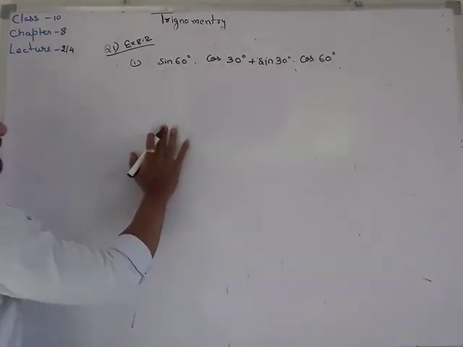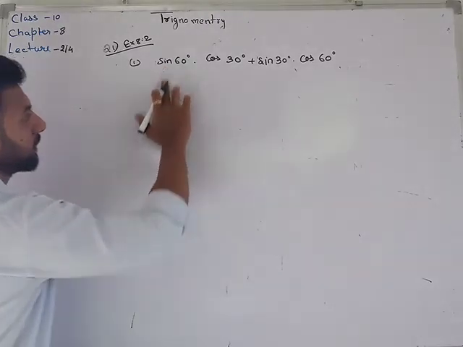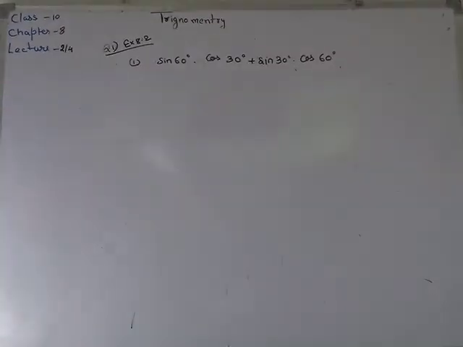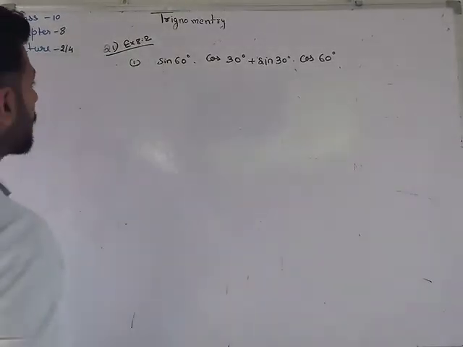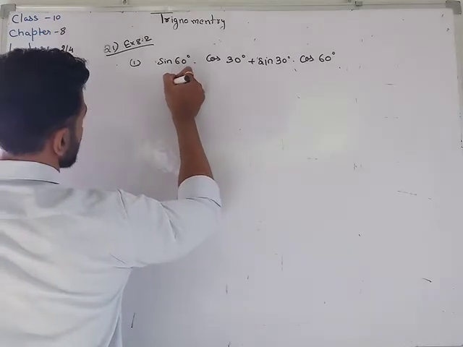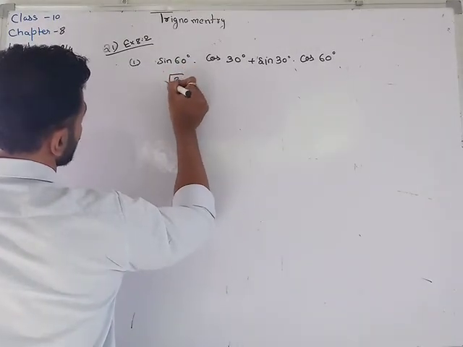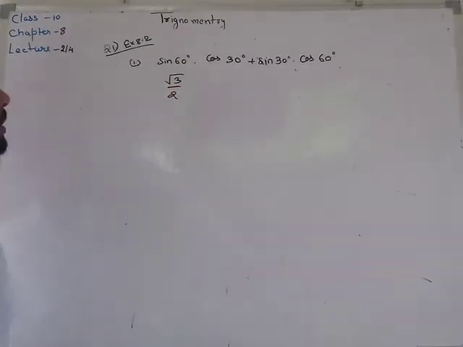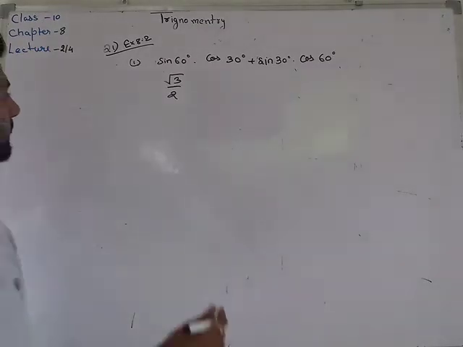Now first we have to see the sin 60 value in the table. Sin 60 is root 3 by 2. Cos 30, see the value in the table.